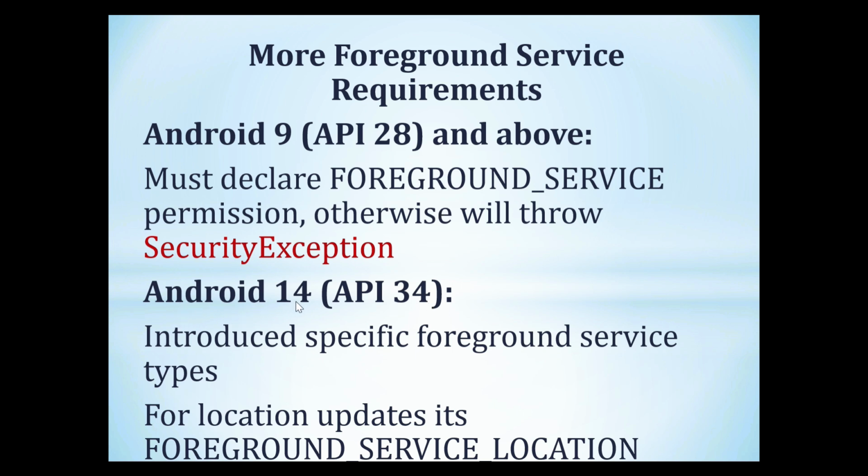For Android 14, you have to specify foreground service type. And for background location updates, this type is foreground service location. So you will have to declare this permission in the manifest file. This permission is also just needed in the manifest file and you don't have to handle it at runtime.